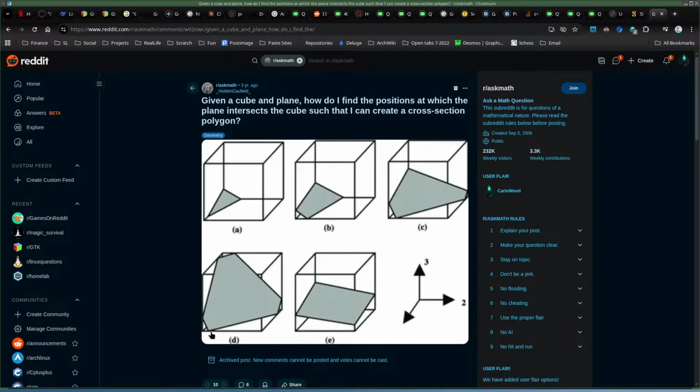Is there an order for these 6 points? I'm currently working with not a cube but a rectangle, or a square, whatever, and not a plane but a line.